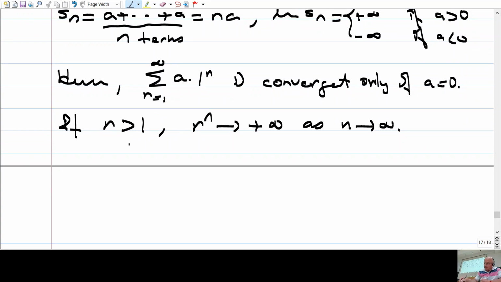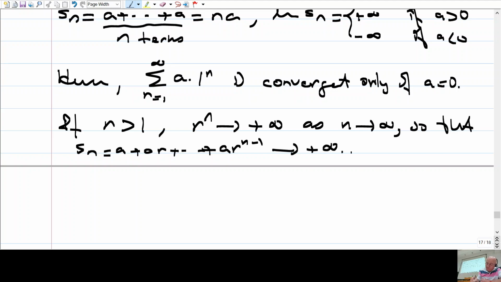So, for example, 3 to the power n. So that Sn, which is just a times (r to the power n minus 1) over (r minus 1), will go to infinity.